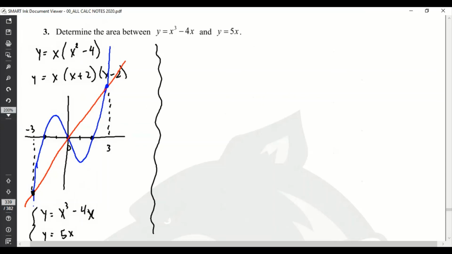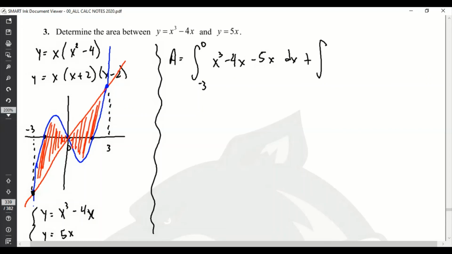So we just need to take this as two separate areas and just be cognizant of which one we're subtracting. So our area ends up being equal to, from -3 to 0, let's take this cubic, x cubed minus 4x, and subtract the linear because the cubic is above.